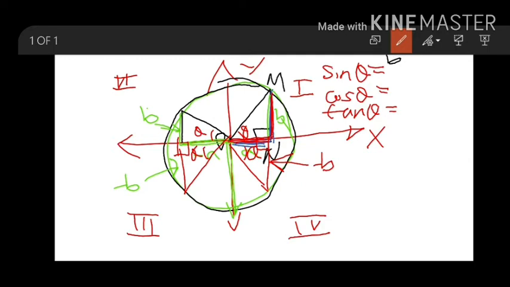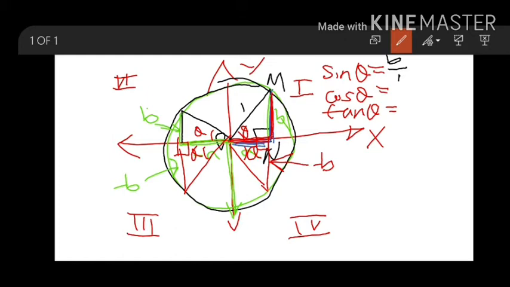B opposite by hypotenuse. I'm taking this circle as unit circle, that's why the distance between M and O is 1. This is the radius of this unit circle, that's why this is 1. 1 is the unit radius of the circle, so B by 1. And let's say cos theta.